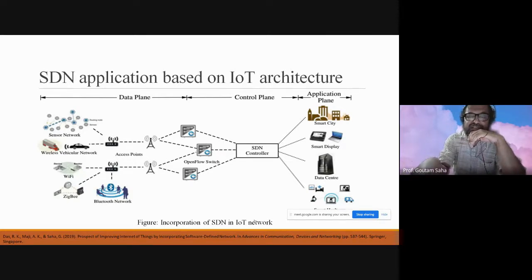What Rohit has done is simply put an OpenFlow switch and an SDN controller here. The SDN controller is nothing but a laptop or a desktop, and the OpenFlow switches are nothing but Raspberry Pis. It can be an ARM controller, and in commercial versions it can be made cheaper also. So if I tell my customer, let your system be there, I am just installing these two devices and doing some software modifications, see whether you get an improvement or not, they will take it.